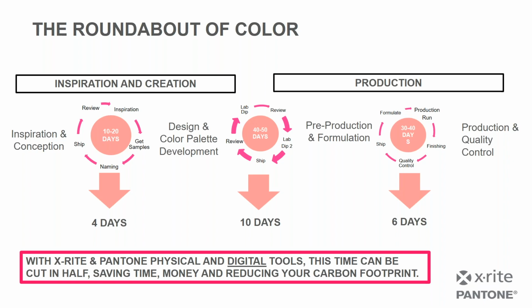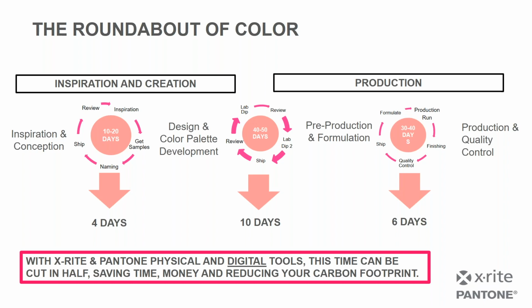That can take 10 to 20 days. We think with a good system, you can get that down to 4. And the design color palette development, you've got the lab dip review, lab dip shipping, review over again. It can take over a month easily. We think we can get that down in 10 days. And production. So we've got pre-production and formulation, the lab dip stage.